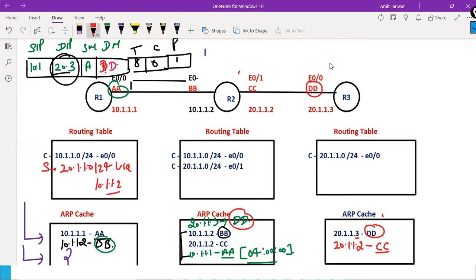And finally, the packet will reach the destination. This router will check the destination IP 20.3 and destination MAC D. This is unicast, and this is for me only. What is the protocol? Protocol is 1, which means ICMP. And the ICMP type is 8, code is 0, so this is an echo request here.